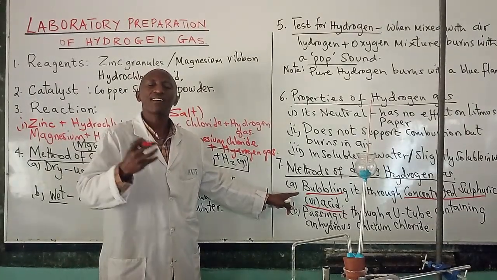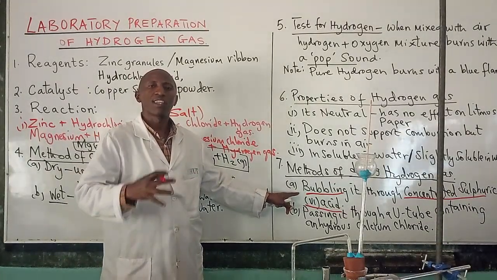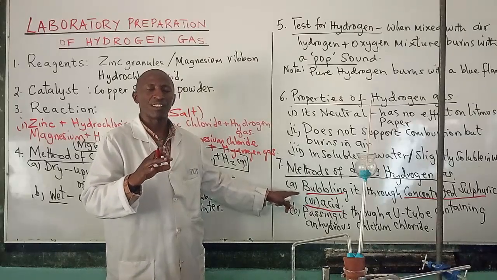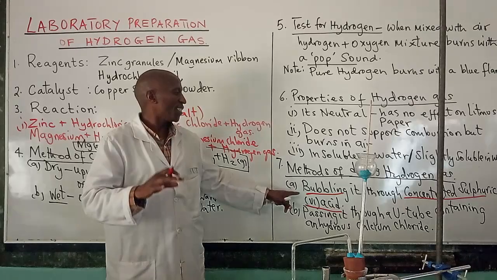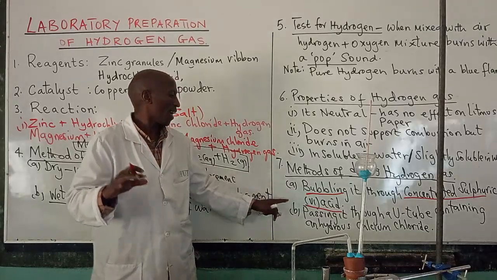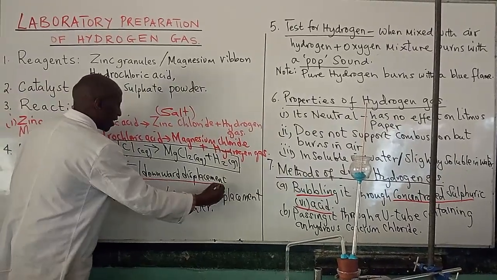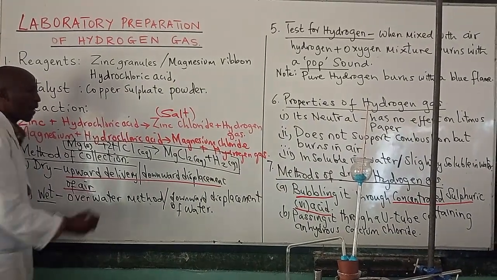This will dehydrate the water. This will remove any water that is there, any moisture that is in the hydrogen. So bubbling it through concentrated sulfuric acid and then collecting it by the upward delivery or downward displacement of air.